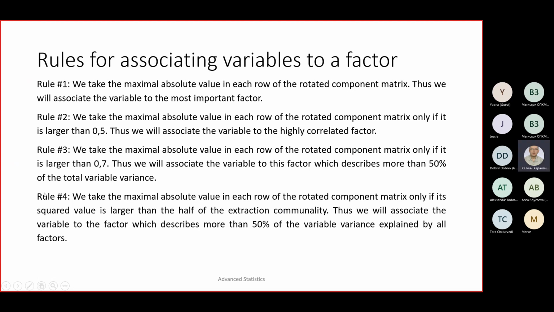And the rule number 4. The rule number 4 is that we again take the maximum absolute value in each row of the rotated component matrix, but only if its squared value is larger than the half of the extraction communality.